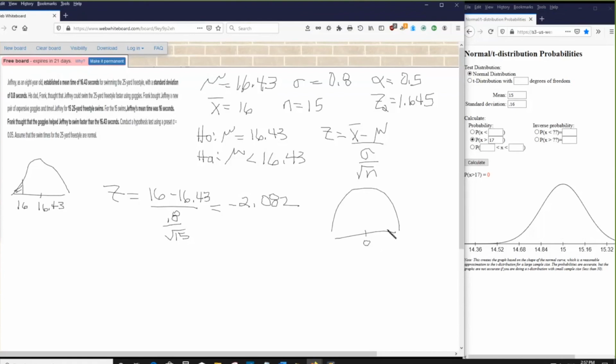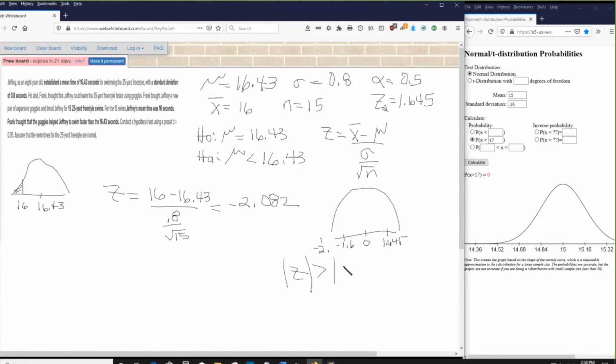So when I'm looking to compare these, that's going to be a plus or minus 1.645. And we ended up with a minus 2.08. So our first thing tells us that we want the absolute value of z.